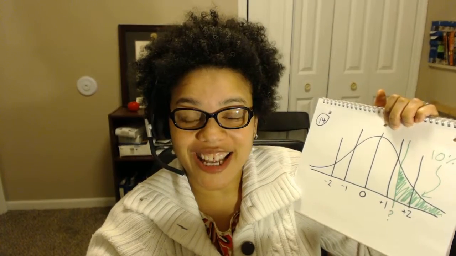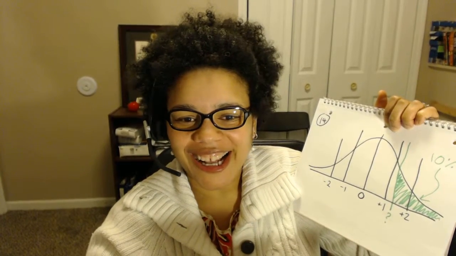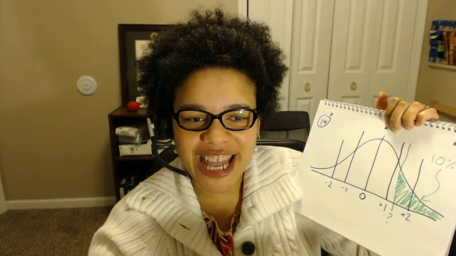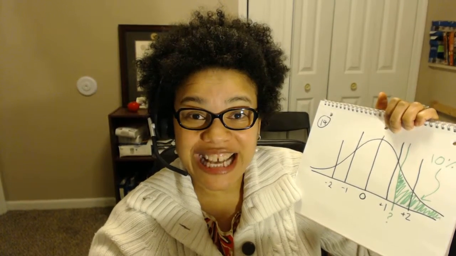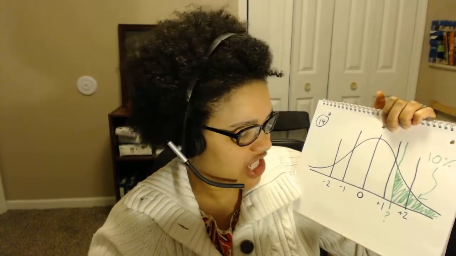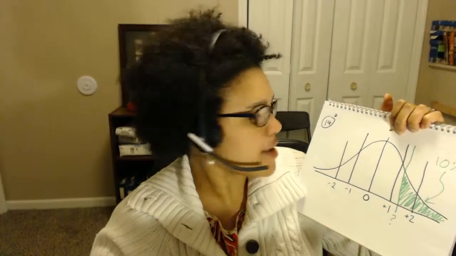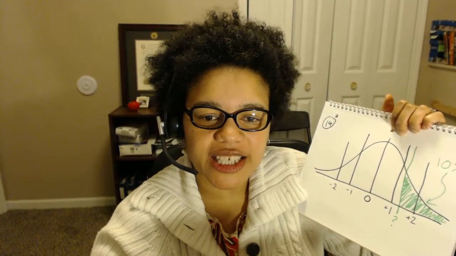But we don't know the z-score, all right? We know the percent. And now I am going to be sure to do something with the table instead of mixing up my standard deviation units and my percentages. Okay, back to slide 14.